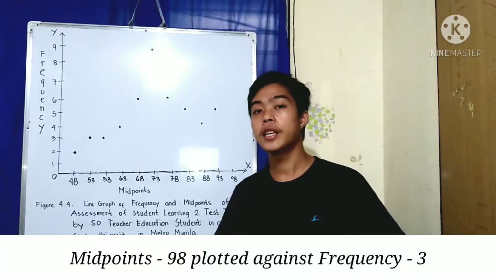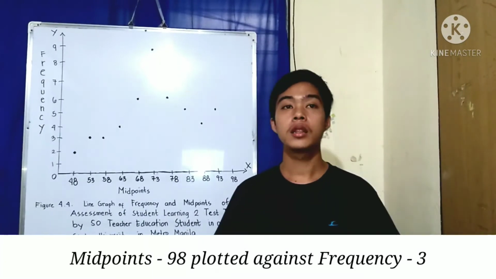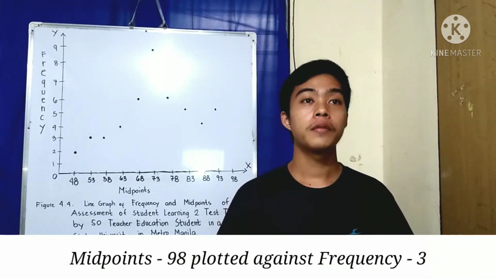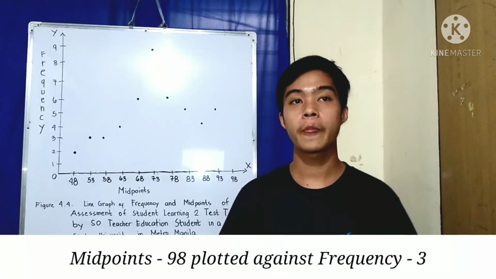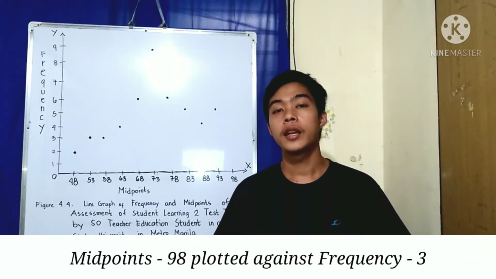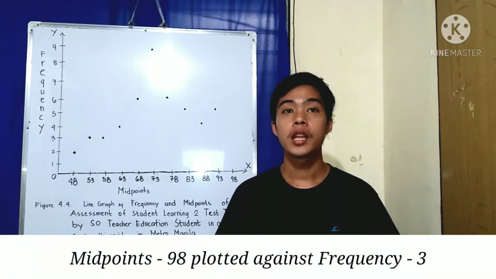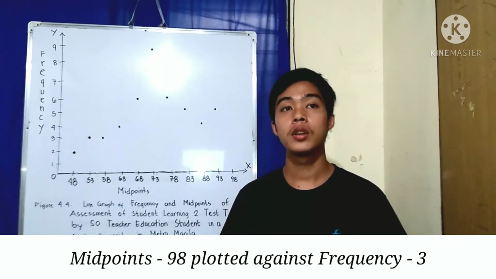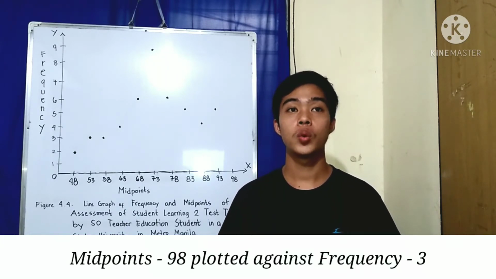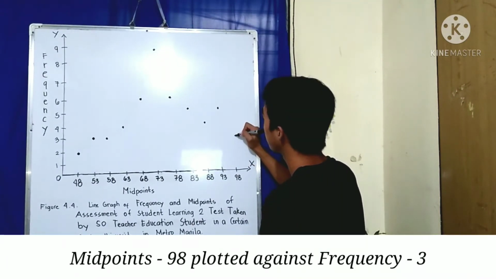Next, in the midpoint of 98, there are 3 education students who got the highest average scores of 96 to 100. So 98, 3.